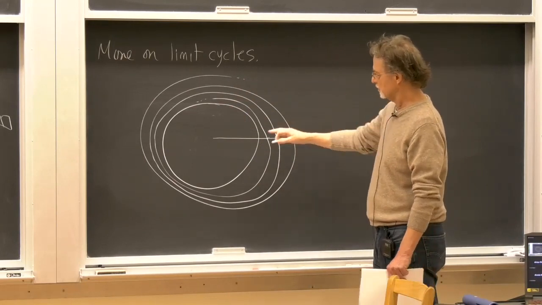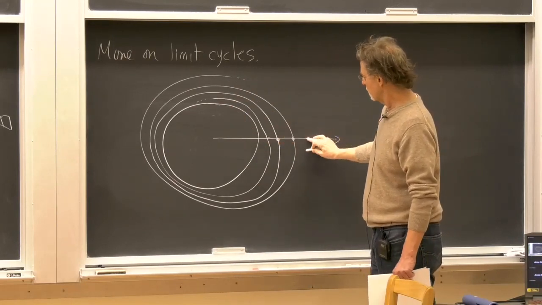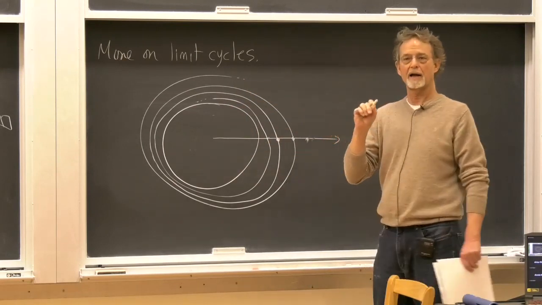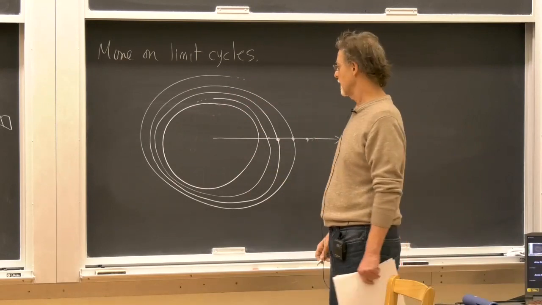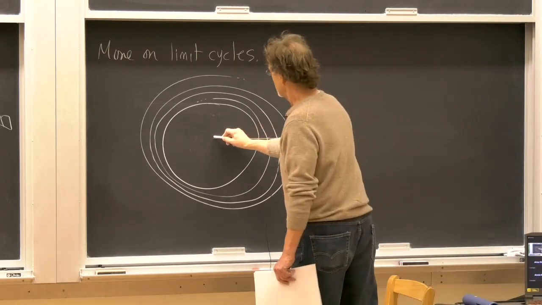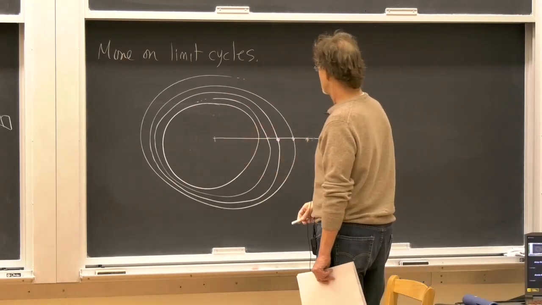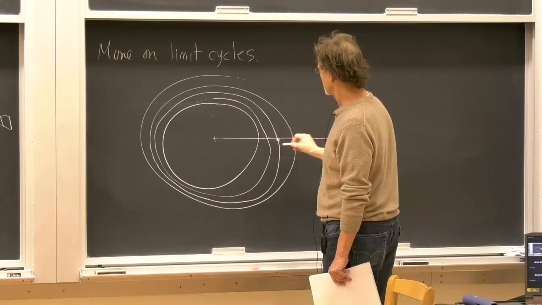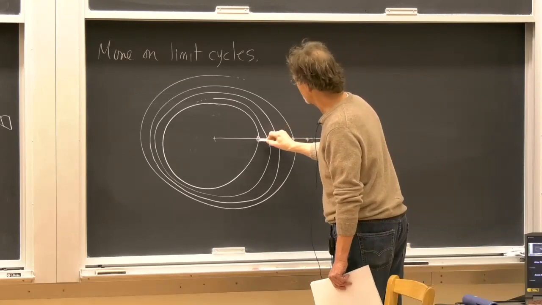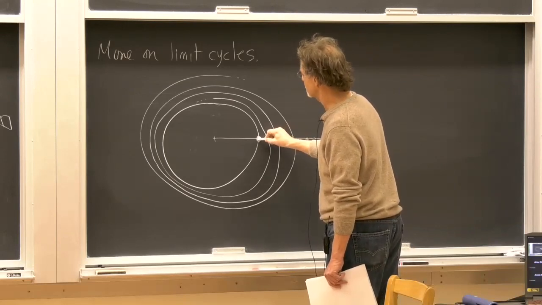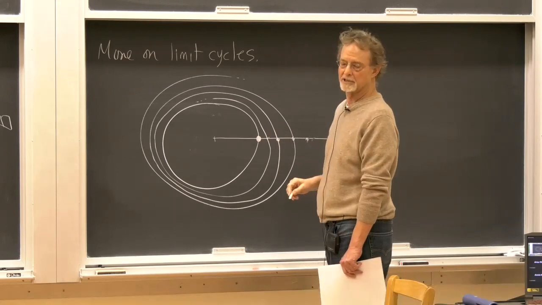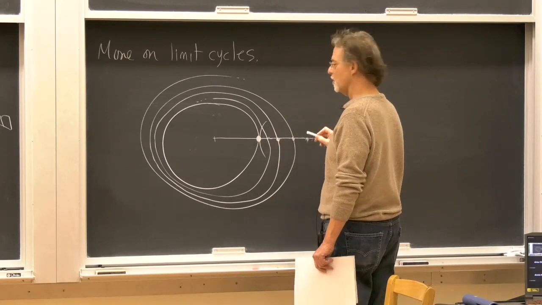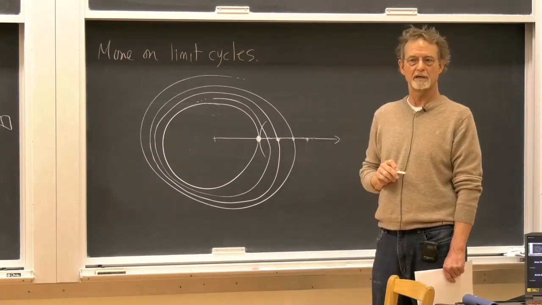At least for close enough, if you're at a point, you figure out which trajectory you're on, and then you go until you come back, and that's the return map for that. So in keeping with, we're really thinking of it as the time coming. This is a point on my original trajectory, which may or may not be 0, but we're thinking of the return map as being defined on some small interval of time nearby.